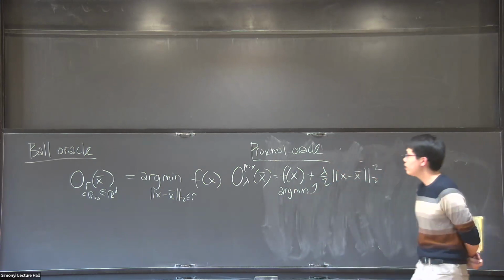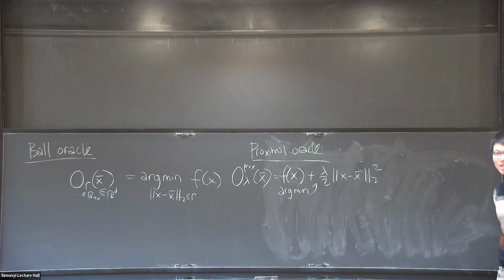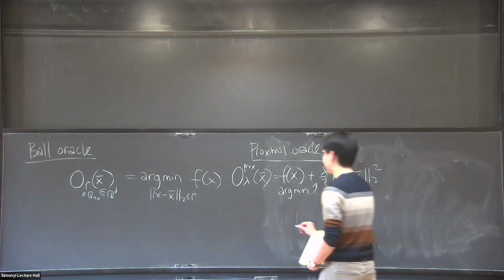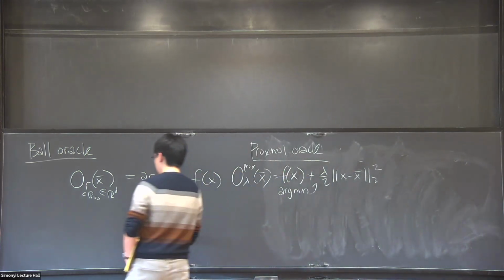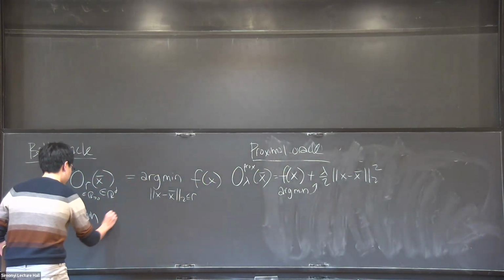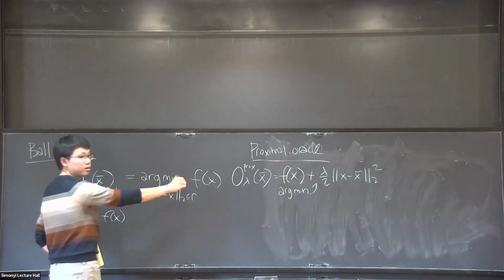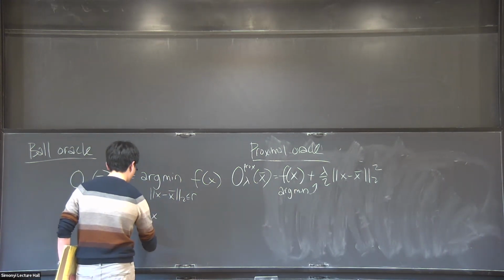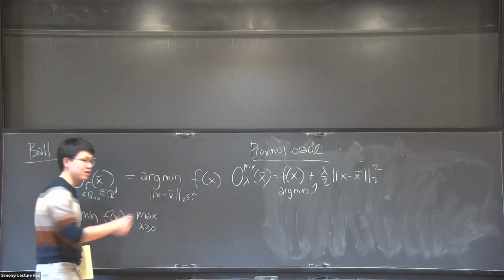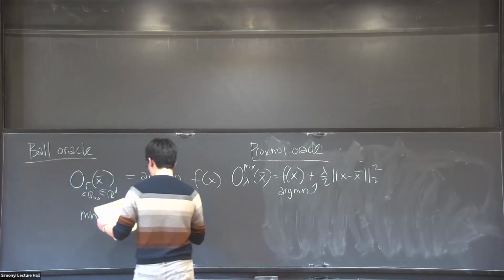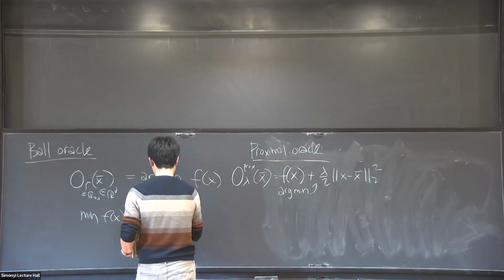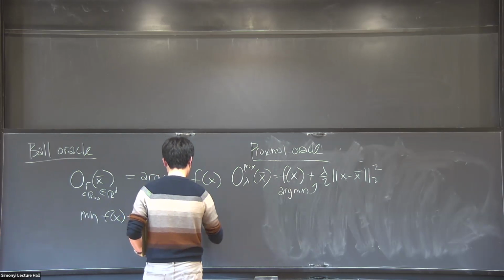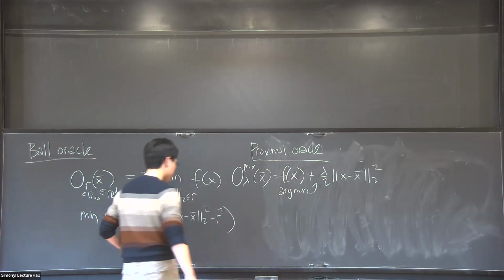Right. And the first observation is that a ball oracle is actually a proximal oracle for an unknown number lambda. So here's the observation. Let's write the Lagrangian dual of the formulation here, where I'm allowed to do this because of Slater's condition. Right.